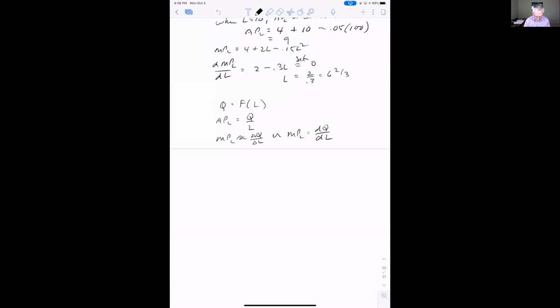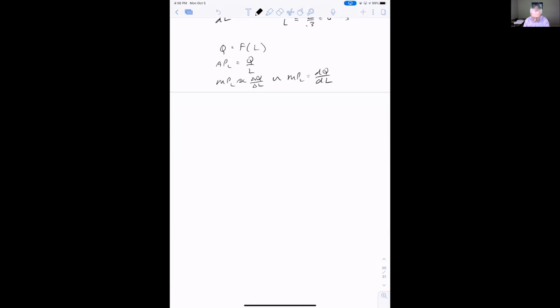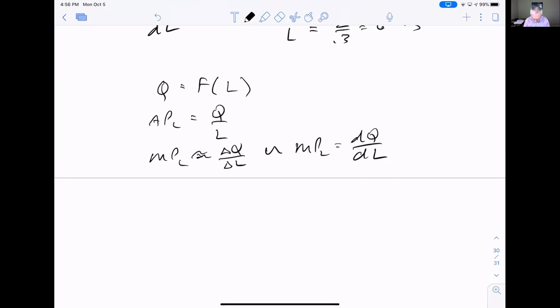What we have here is the marginal product of labor is equal to delta Q over delta L. So what that tells me is then delta Q will be equal to the marginal product of labor times delta L, all else equal.